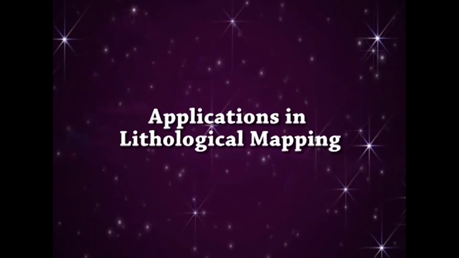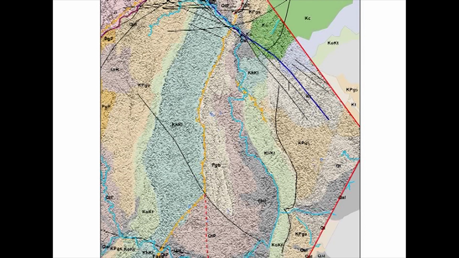Applications in lithological mapping. Mapping geologic units consists primarily of identifying physiographic units and determining the rock lithology or coarse stratigraphy of exposed units.